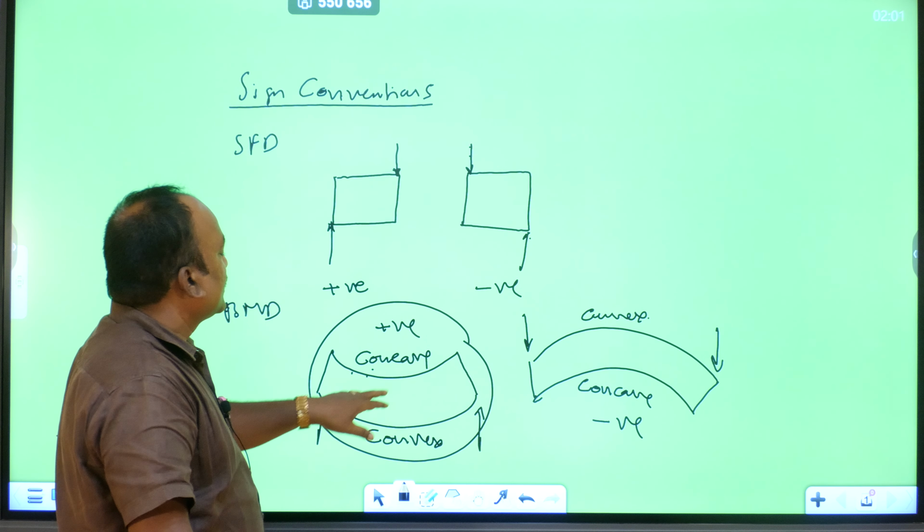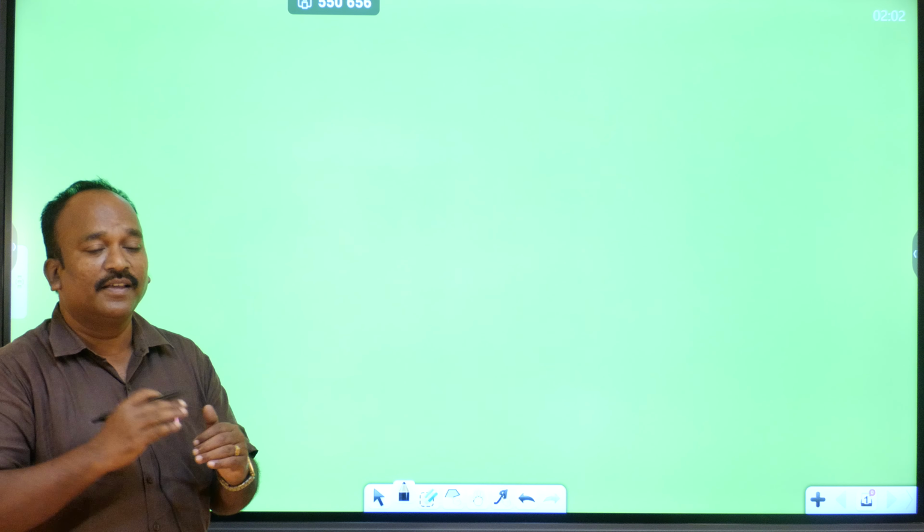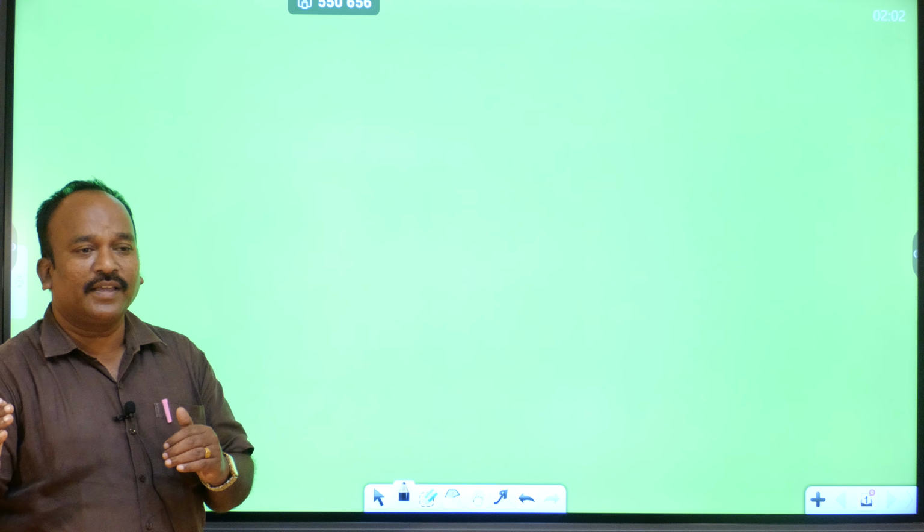Next, I will explain about problems. So take one problem. In this scenario, different cases are there. For example, cantilever point load is one case, cantilever UDL is the second case, cantilever varying load is the third case.